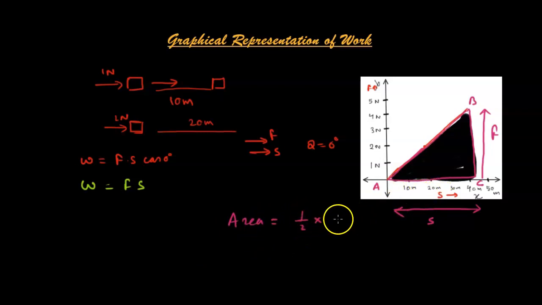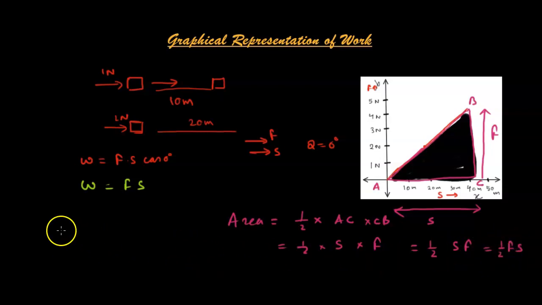The base will be AC and height will be CB. Now when you're putting the values, AC is representing what? Displacement. So I'll put S, and CB will represent force. I'll write F. So it could be written as half SF or half Fs, which is actually the expression of work.